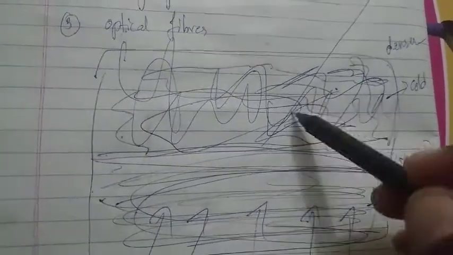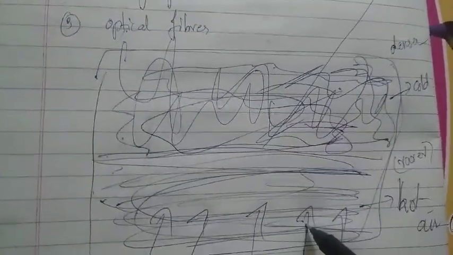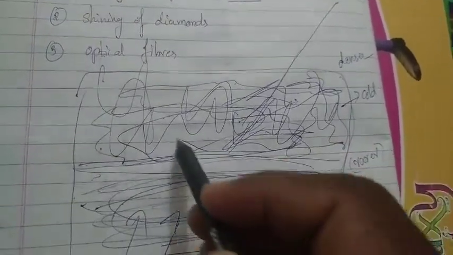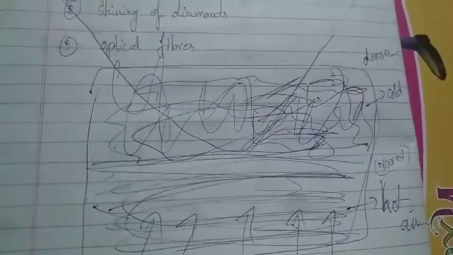When the incidence is beyond the critical angle, the incident ray takes total internal reflection and will be sent back.